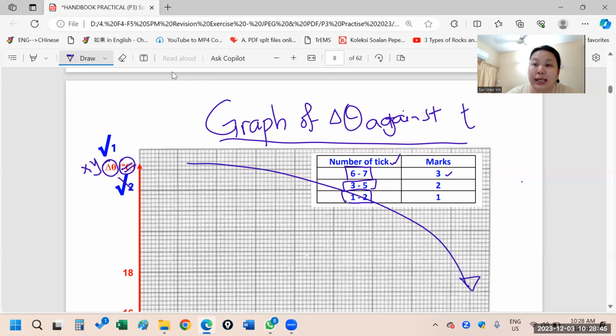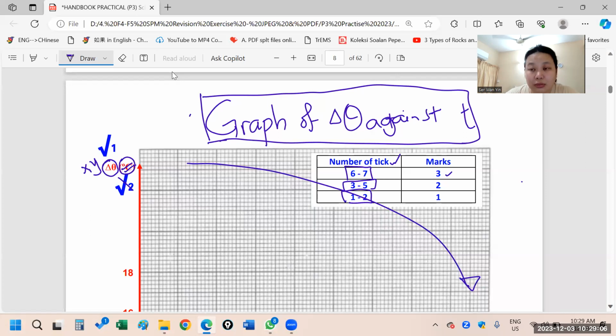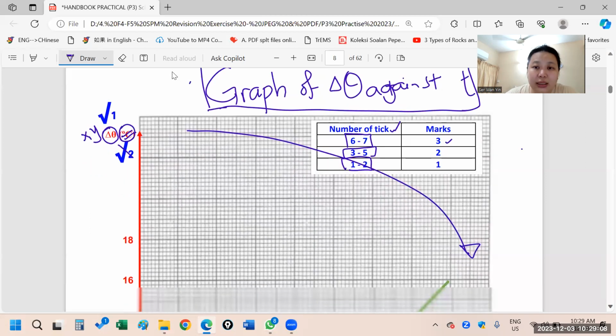We don't count the name for the marks, but it is a proper thing. If you want to draw a graph, you must write the topic, the title of the graph. Okay, but normally they write for you.